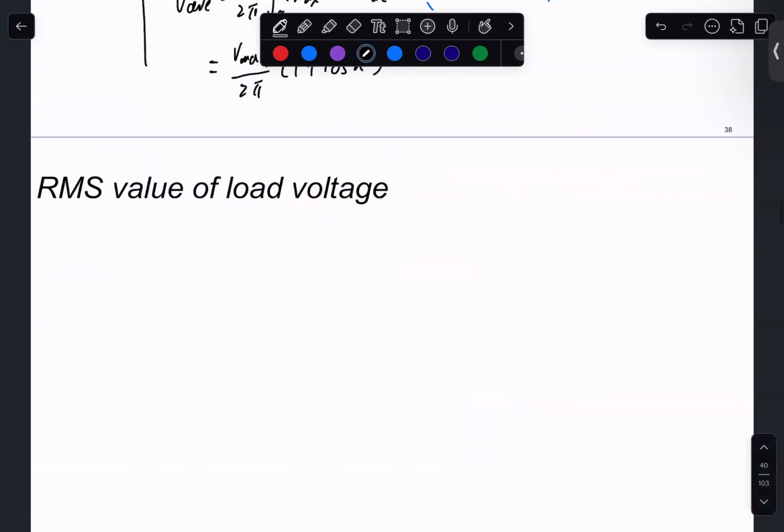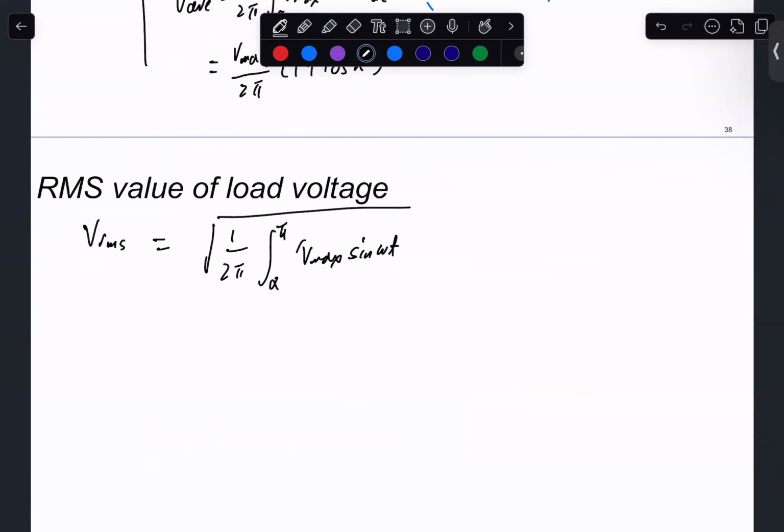And then we can compute the RMS voltage. The RMS voltage is the square root of 1 over 2 pi, integrating from alpha to pi, of (Vmax sine omega t) squared dt.